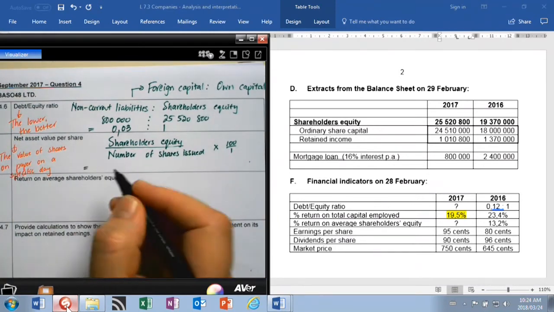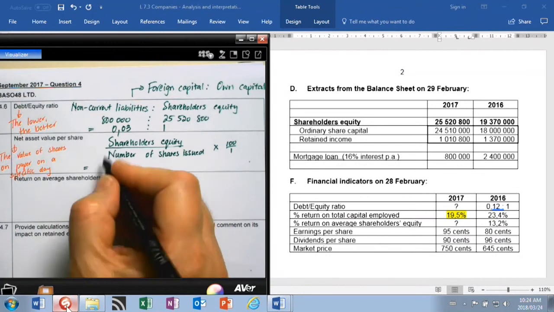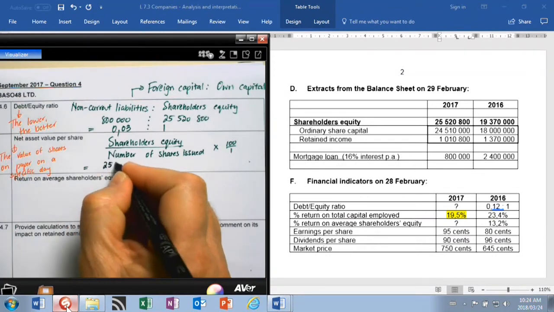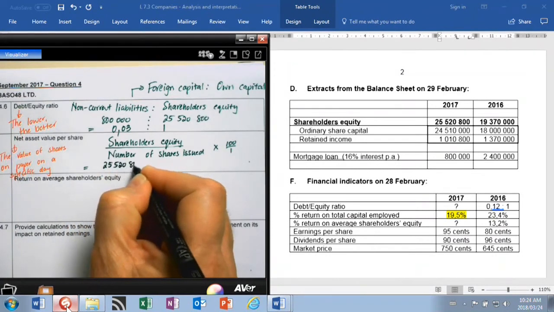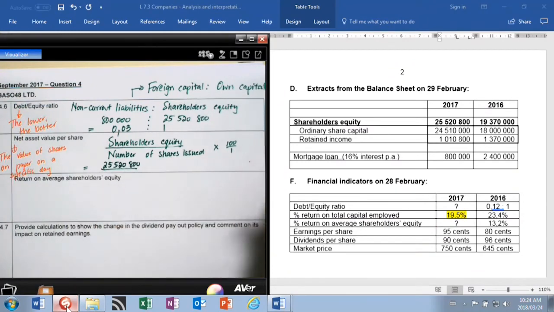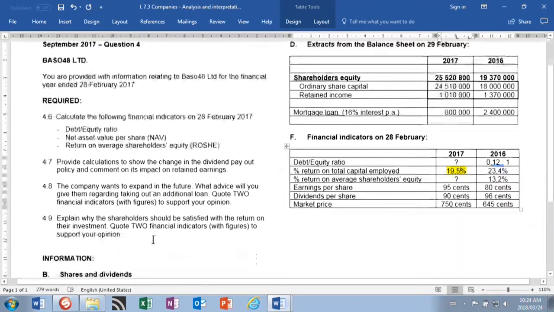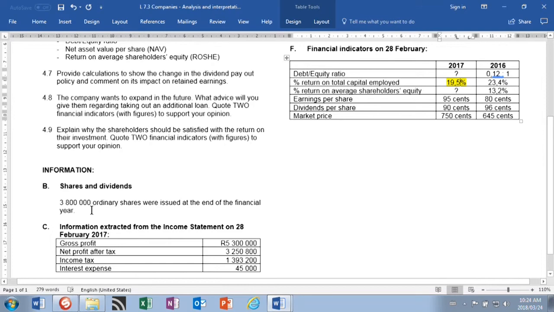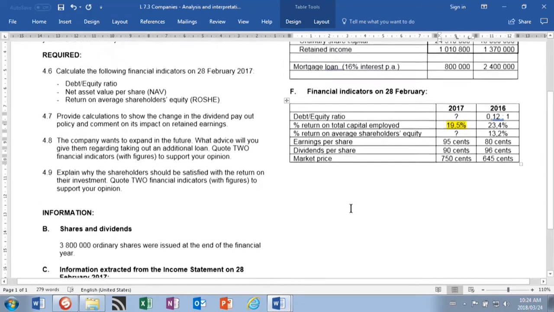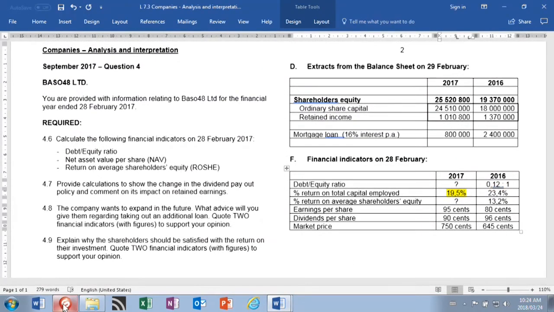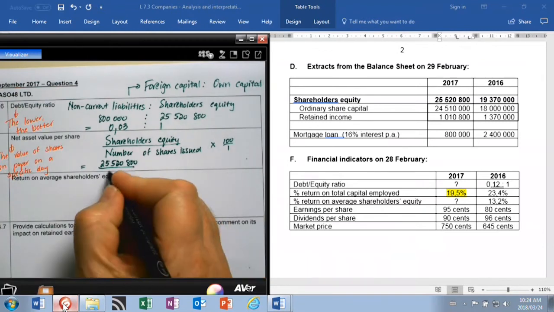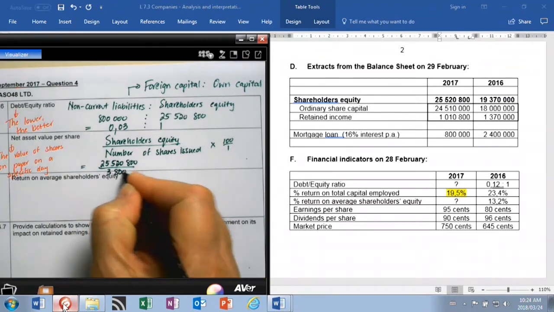So your shareholders' equity is 255,20800 divided by, and they mentioned somewhere there, 3,800,000 ordinary shares were issued at the end of the financial year. So we put the 3,800,000 shares there.